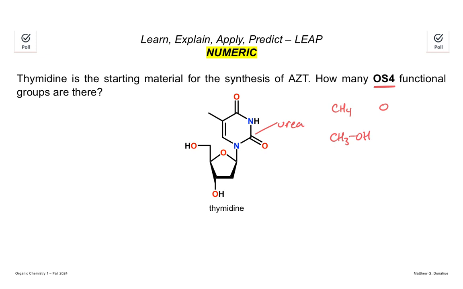And then if we made methanol, that would be 1. If we made formaldehyde, that would be 2. Formic acid, that would be 3. And then carbon dioxide would be 4. So oxidation state 4 is the highest for carbon.